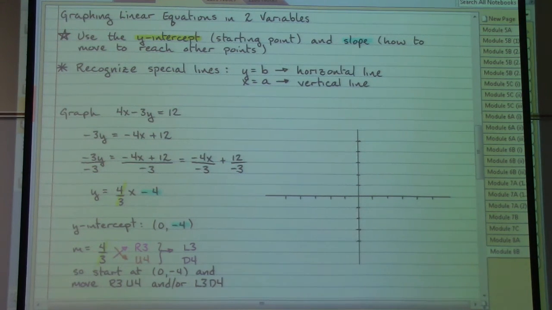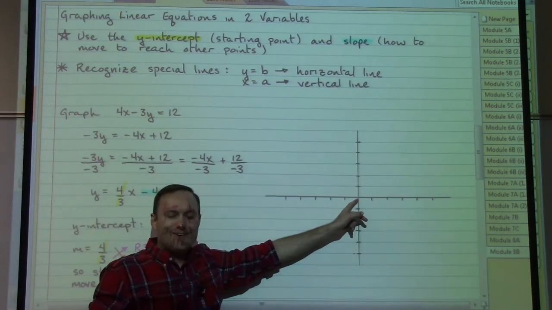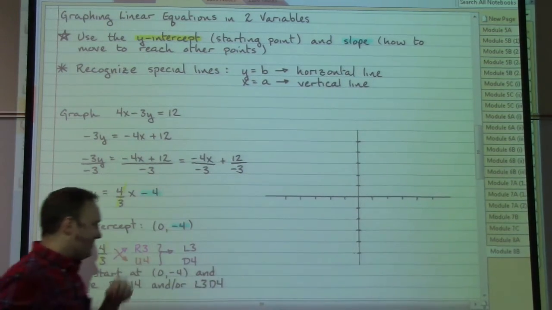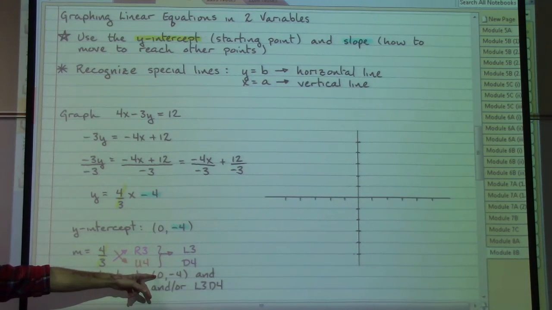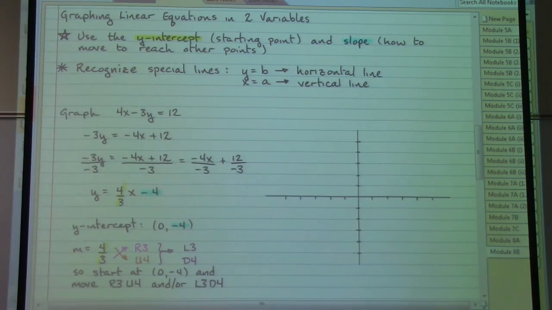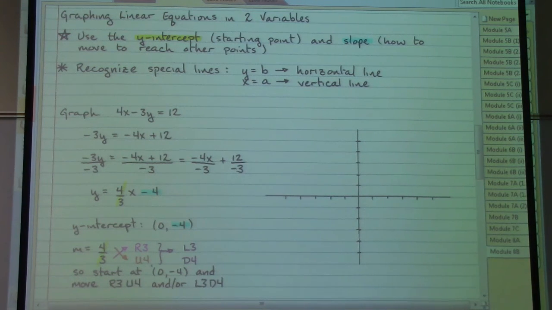Starting from the middle of that grid, the origin, starting from that bullseye of our target here, we're going to pinpoint our y-intercept. So let's go ahead and put that in blue so that it stands out for us.